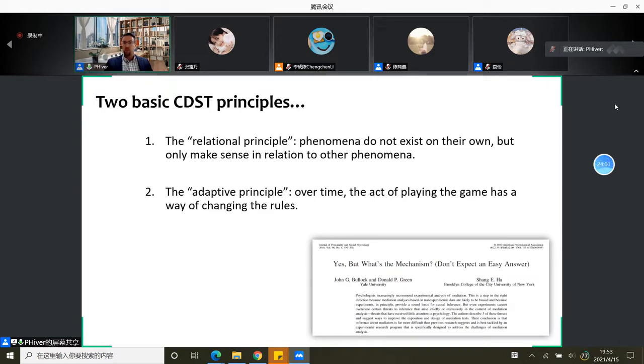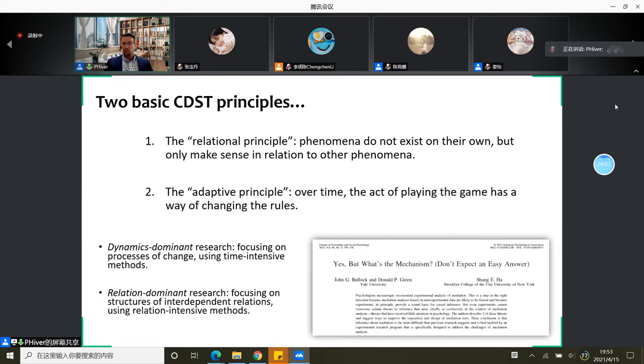Well, if we're interested in focusing on processes of change, one way of doing that through the adaptive principle is using dynamics-dominant research. So dynamics-dominant research uses time-intensive methods. And we can focus on change, development, self-organization, and emergent outcomes.